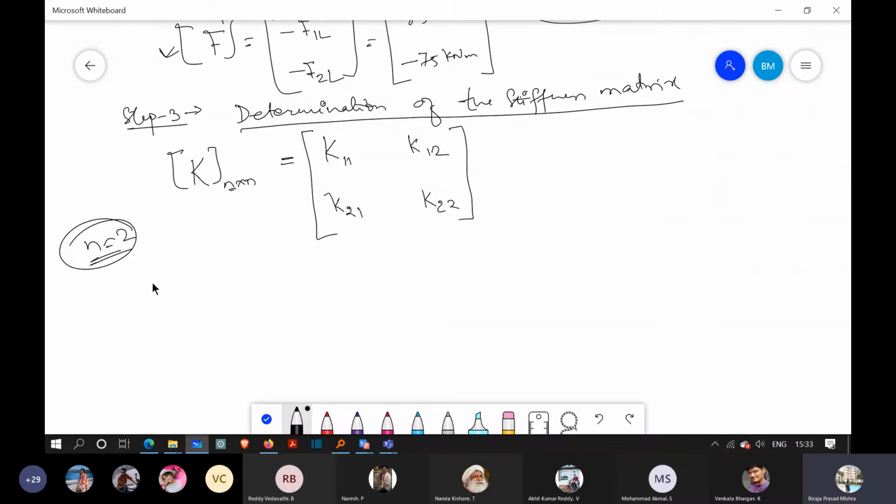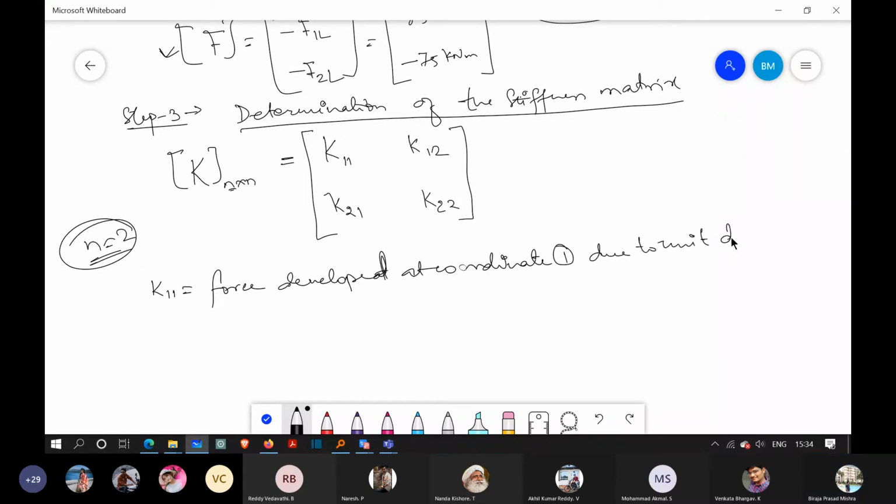K11 equals the force developed at coordinate 1 due to unit displacement applied at coordinate 1.